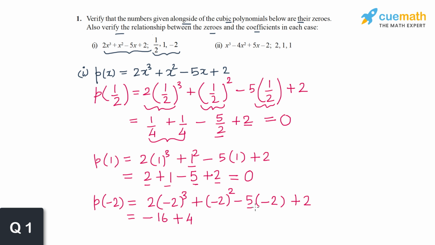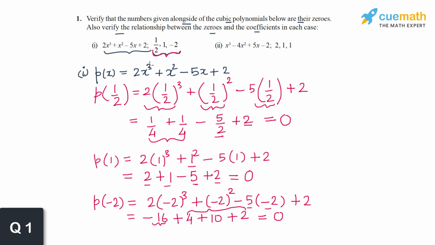Then we have minus 5 times minus 2, that's plus 10, and then we have plus 2. So the positive numbers add up to 16, and then we have a minus 16, so the total is again 0. So p of minus 2 is also 0, which means that minus 2 is also a 0 of p(x). So each of the 3 numbers given to us is a 0 of p(x).